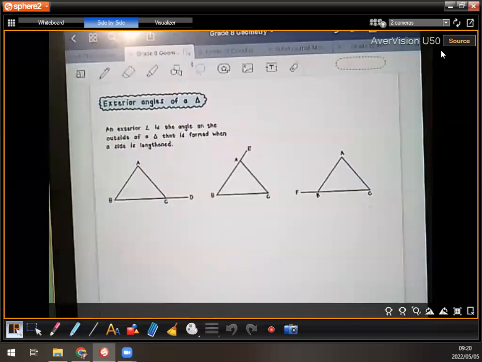If you are done, you can write the next heading: exterior angles of a triangle.